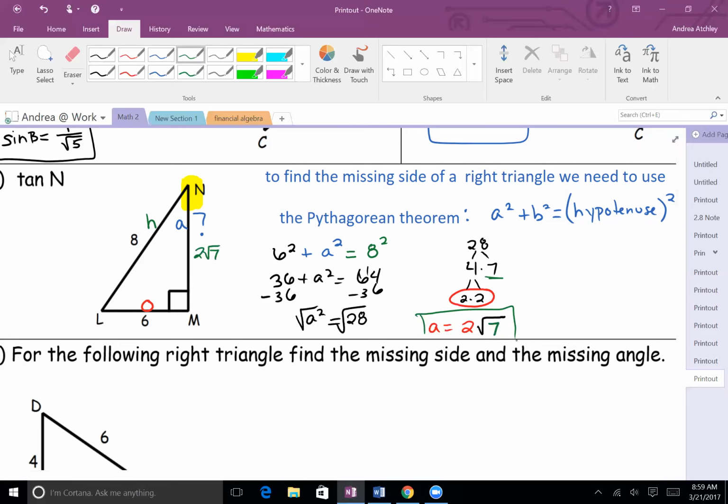Now that we've found the missing side, now we can find the tangent of n. Trinity, what is my ratio for tangent? Opposite over adjacent. So this is my adjacent side and this is my opposite side.